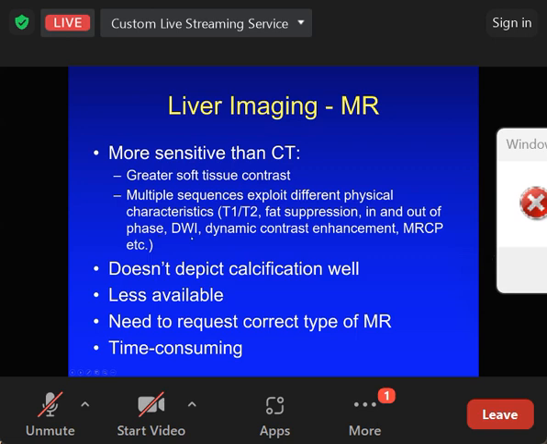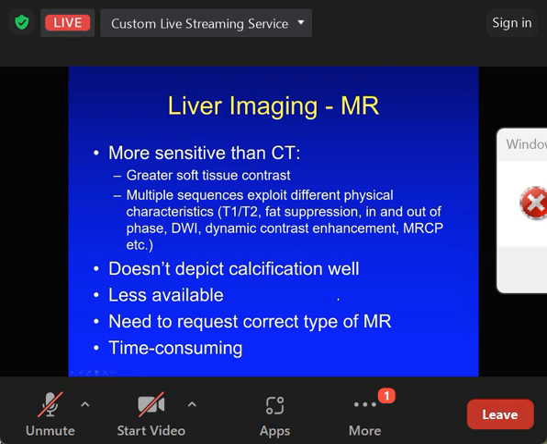We can do in and out of phase images, diffusion weighted imaging, dynamic contrast enhancement, and we can do an MRCP sequence, and there are many other sequences as well. One of the reasons we can do all these different sequences without any harm is that it doesn't use ionizing radiation. So as far as we know, MR imaging is very safe.